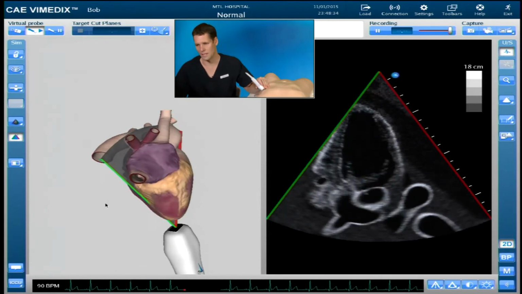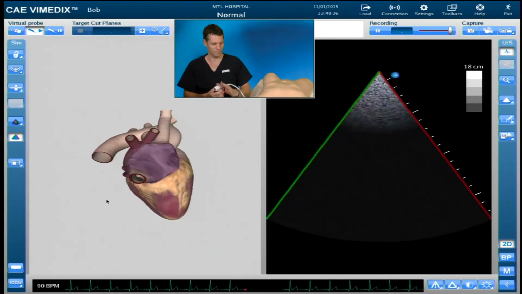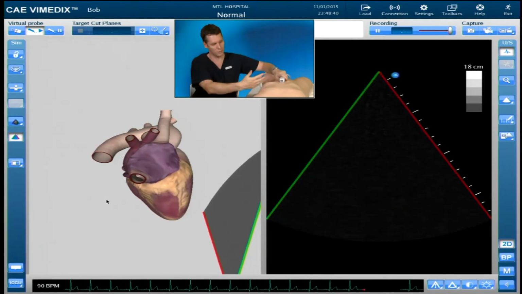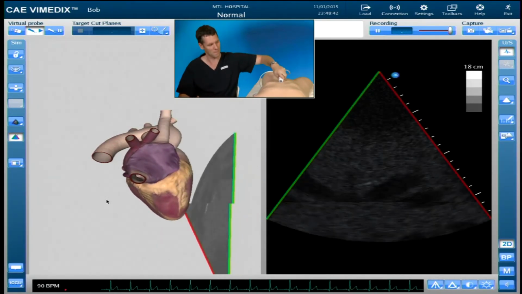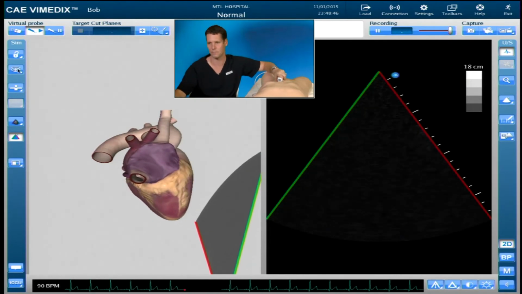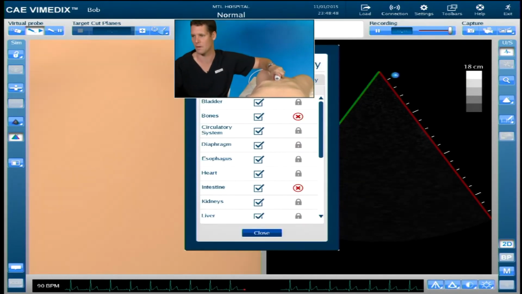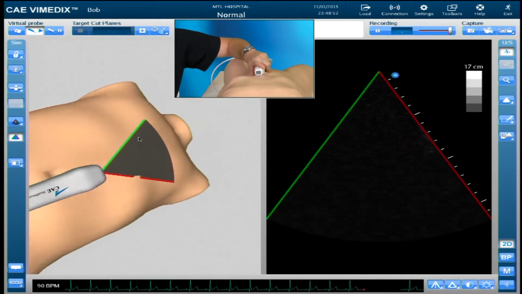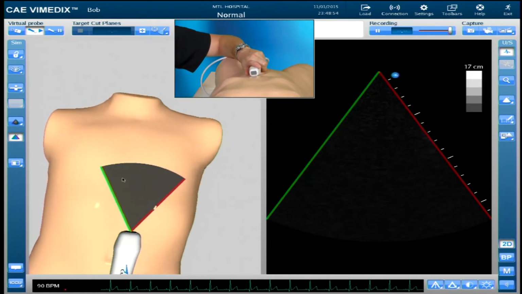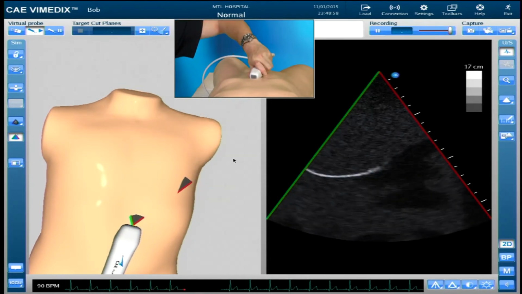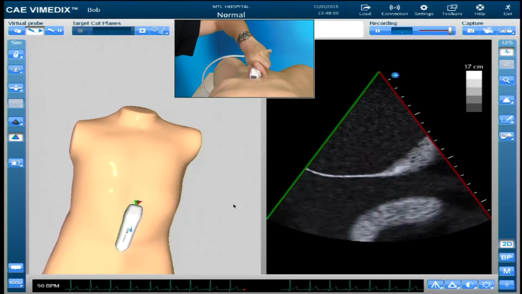So now finally let's look at the subcostal position. Image marker pointing towards the patient's left, about the 3 o'clock position, I guess. And we angle underneath the rib cage.